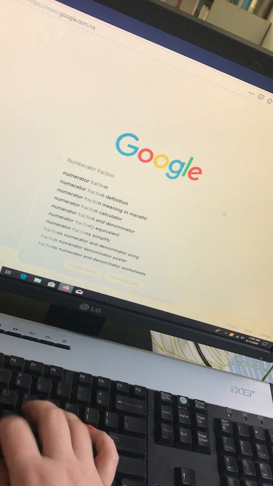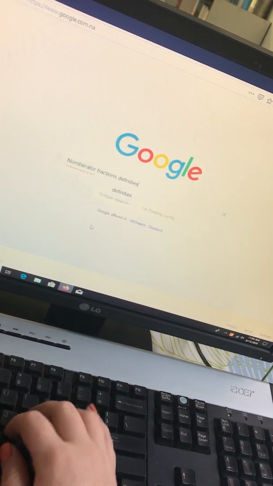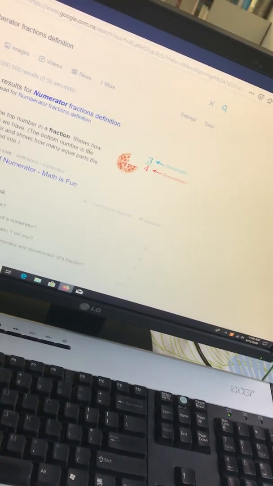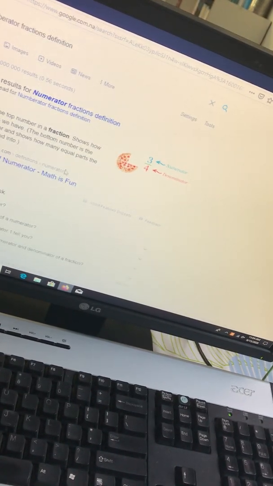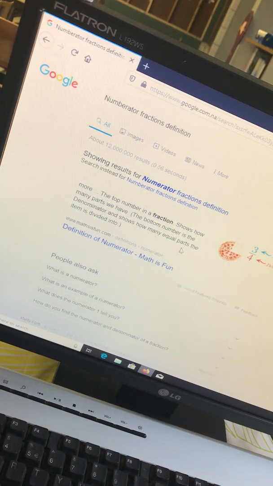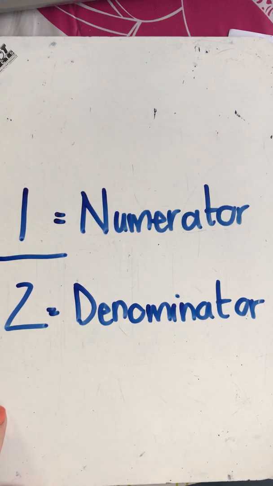Now, I want to go see what they call the definition of a fraction. Okay, let's go see. They say that the numerator, which is the top part, as I told you, see, they already gave me pizza. The top number in a fraction shows how many parts we have, and the denominator shows how many equal parts. Ooh, okay, so that is the difference between these two.